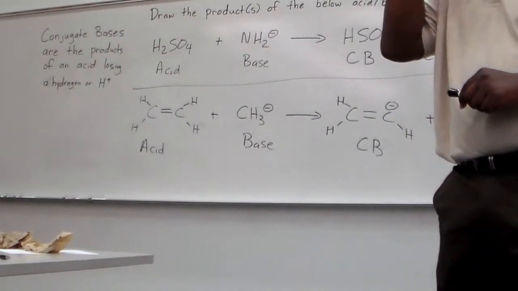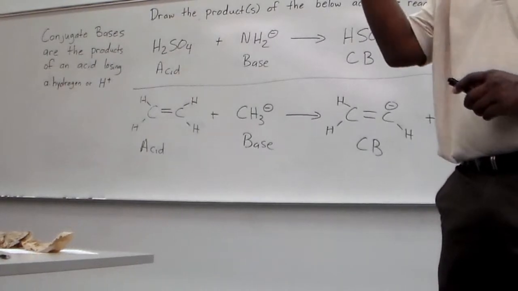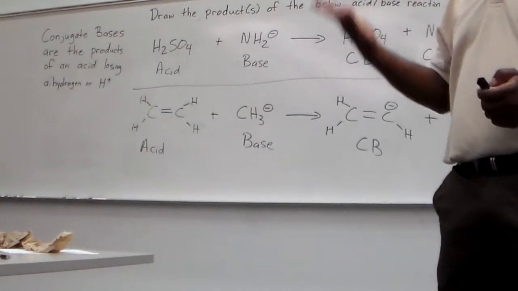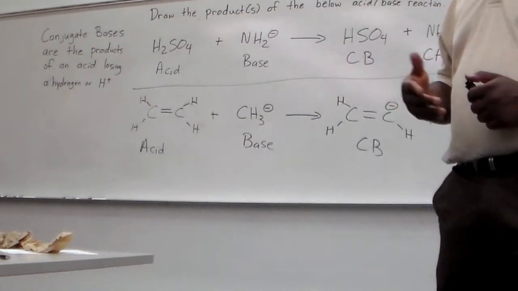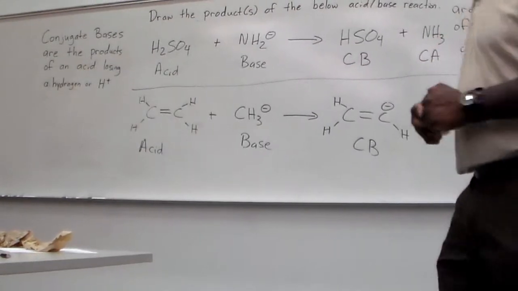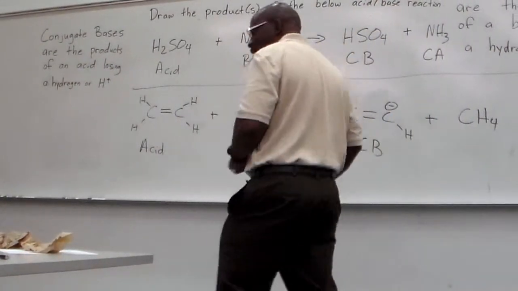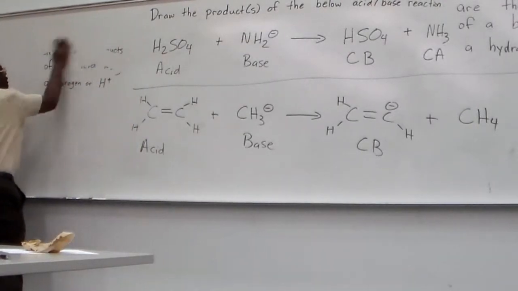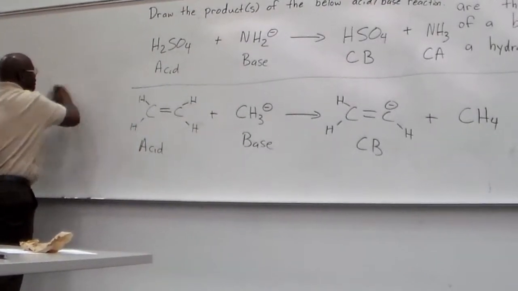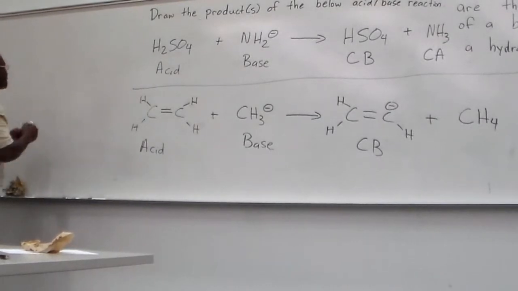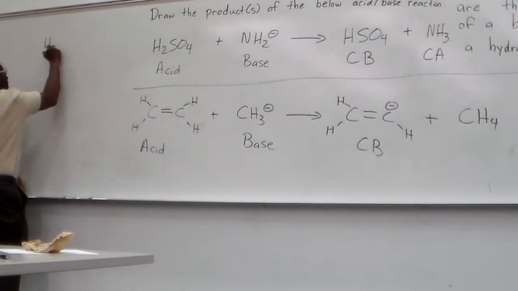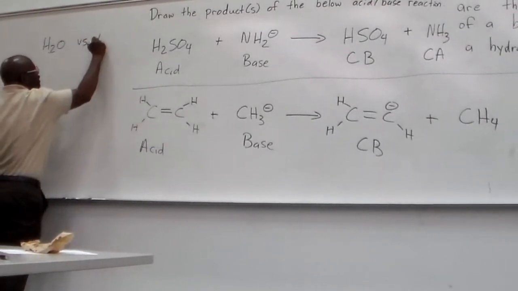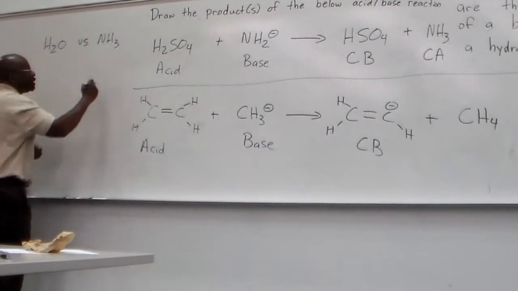I got another question. She was asking, what if I have a couple of different acids and bases? How do I know which one is stronger? That's a pretty good question. You're asking H2O versus NH3.